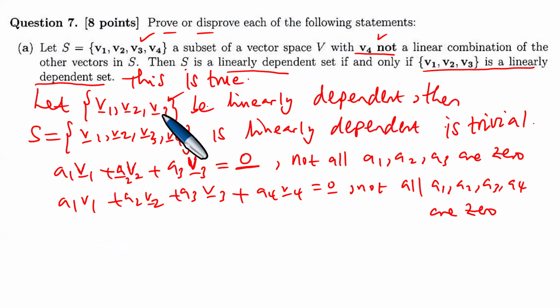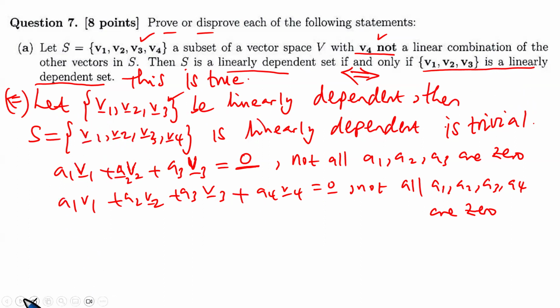We started with V1, V2, V3, and then we got that S is linearly what? It's linearly dependent. Right, so now we proved what? We proved this direction, because if and only if is in both directions, right? So we proved the reverse. We started from this and we proved the reverse.